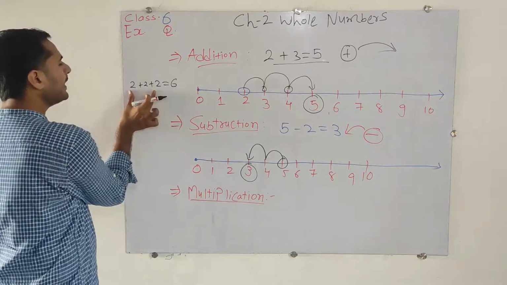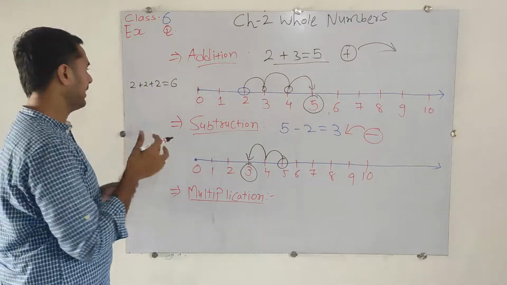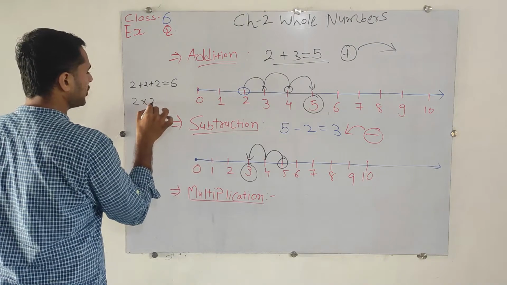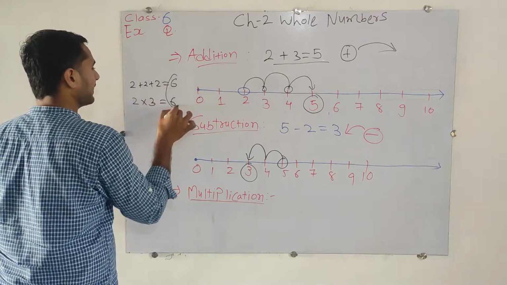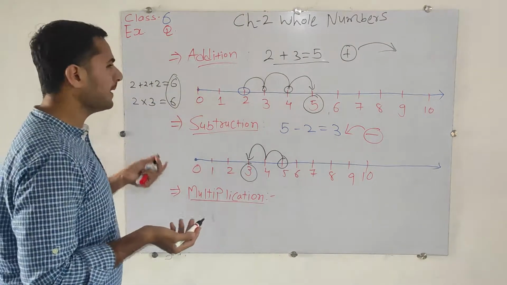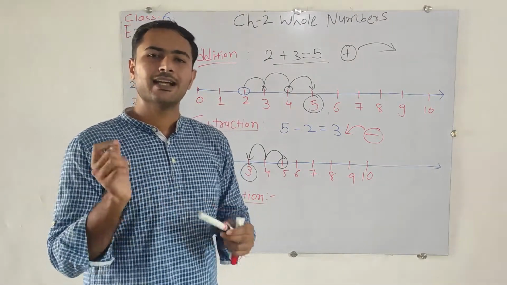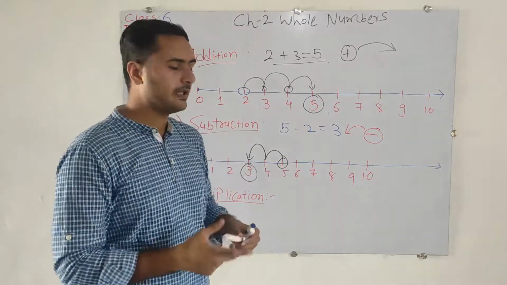But in the same thing, how many 2s are there? How many times are we adding 2? 3 times. It means 2 is added 3 times. 2 threes are 6. Both are the same. So multiplication is again one type of addition, but it is the addition of a single number repeatedly.